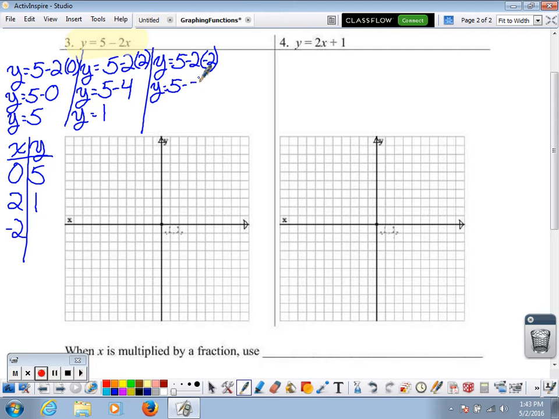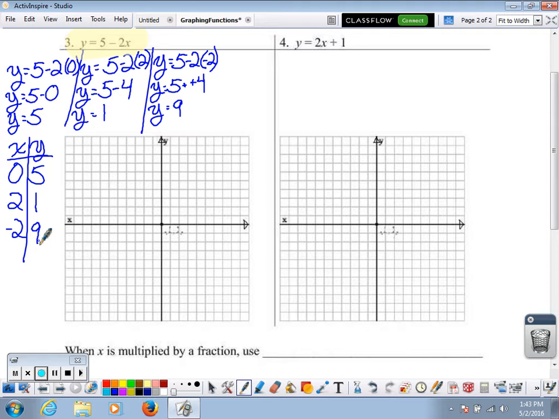Negative 4. And what happens when I have minus a negative? Courtney, what happens with minus a negative? Very good. It becomes plus. Okay, and 5 plus 4 is 9. So that means that when x is negative 2, y is 9.